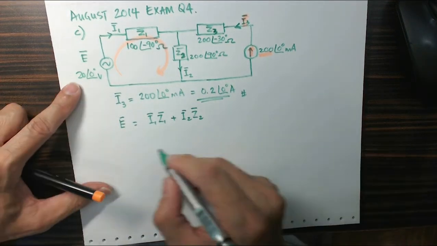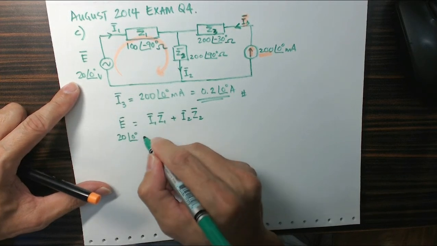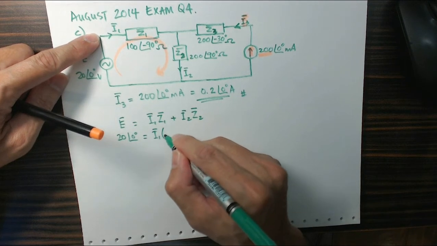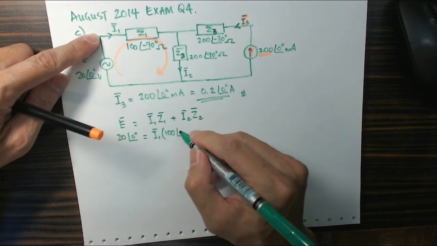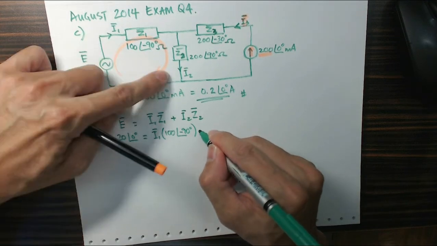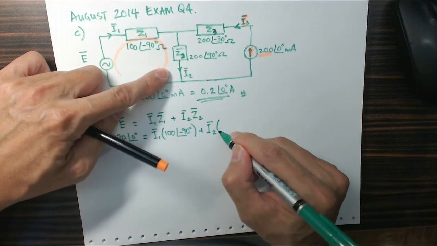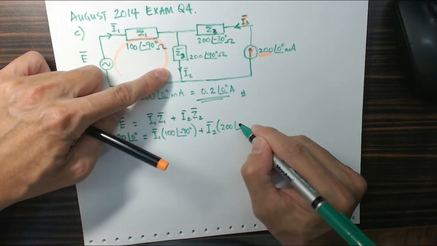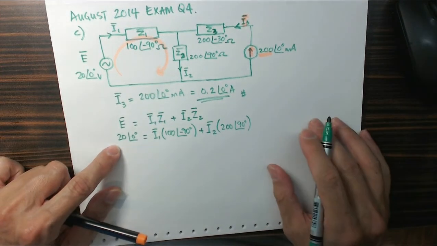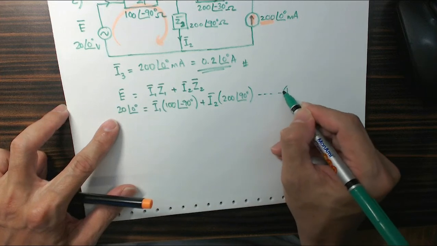Okay, that means 20 angle 0 must equal I1 multiplied by 100 angle minus 90 degrees plus I2 multiplied by 200 angle 90 degrees. Okay, so I have an equation here.